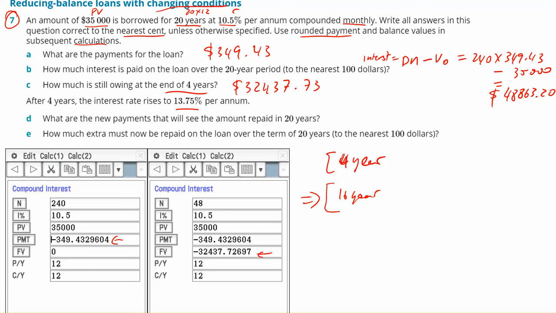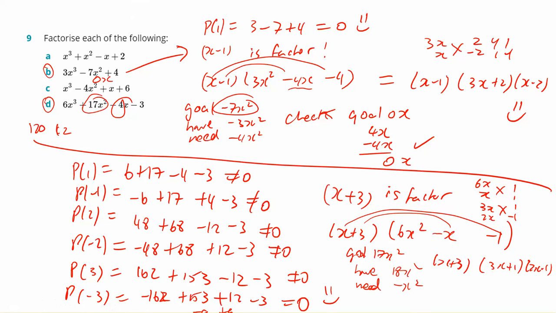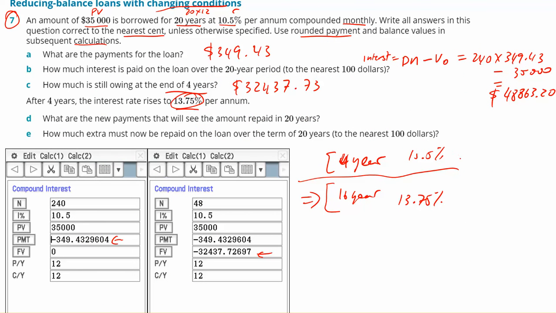So for 16 years, we're paying an interest rate of 13.75. The first part is at 10.5%, and this is at 13.75%. Now, it's really important that you negotiate the break. Your final balance for year 4 carries over to become the principal of year 5 onwards.